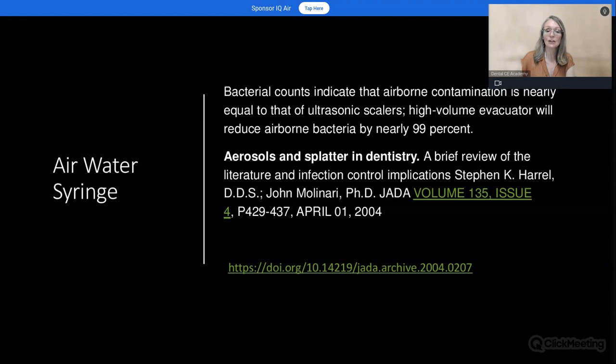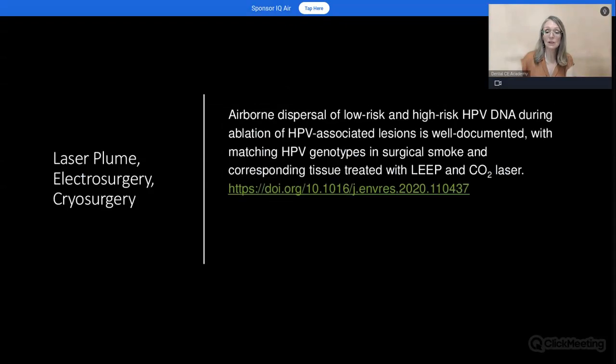High volume evacuators will reduce airborne bacteria by nearly 99%. And this was a study, aerosols and splatter in dentistry, all the way back in 2004 by Dr. John Molinari, one of the co-researchers.